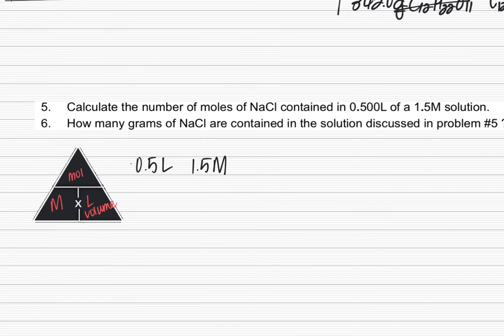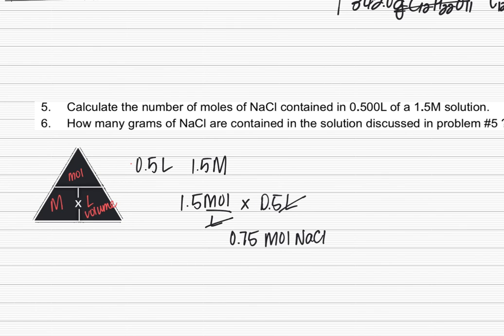So let's do that. If we have 1.5 moles per liter, which is our molarity, times 0.5 liters, these cancel out and we would have 0.75 moles of sodium chloride.